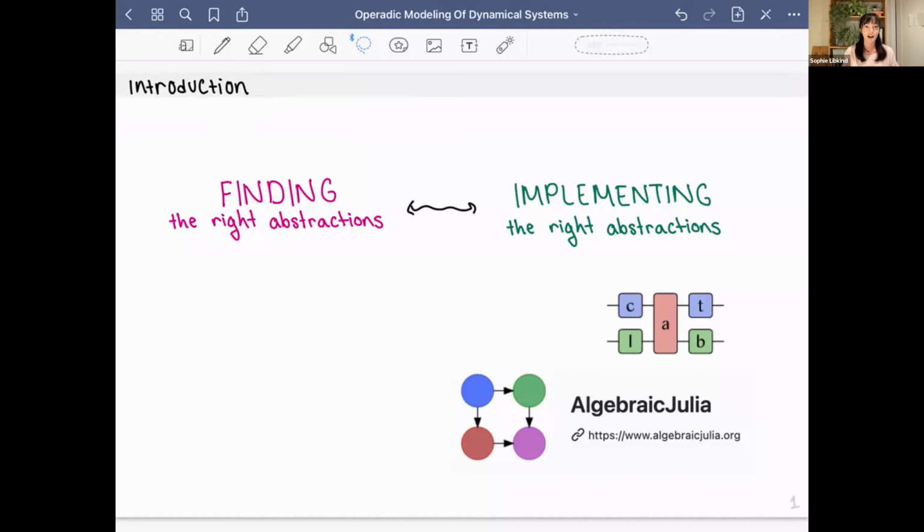So this talk is all about implementing the right abstractions, where that right abstraction is compositional dynamical systems, which again is something applied category theorists have been discovering and working with for many years.